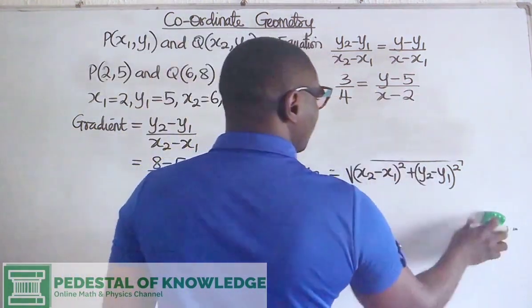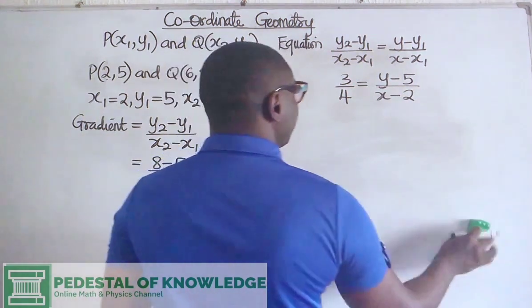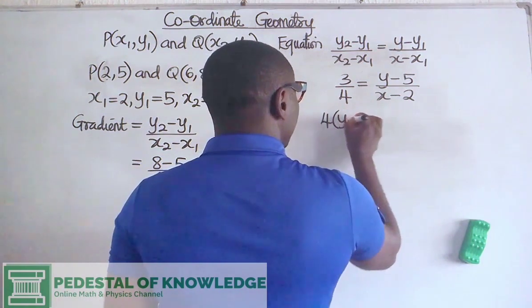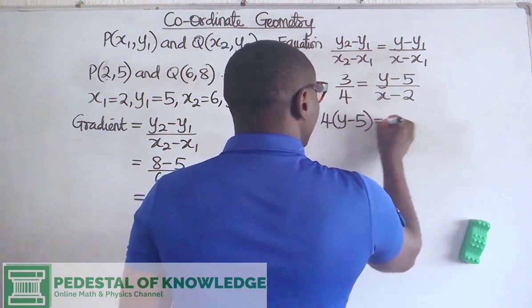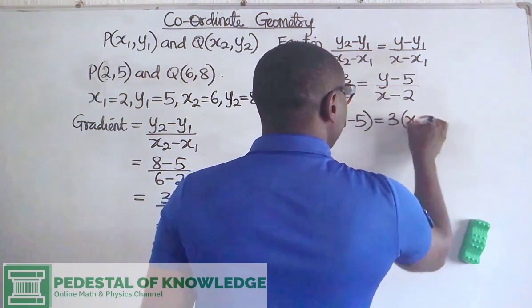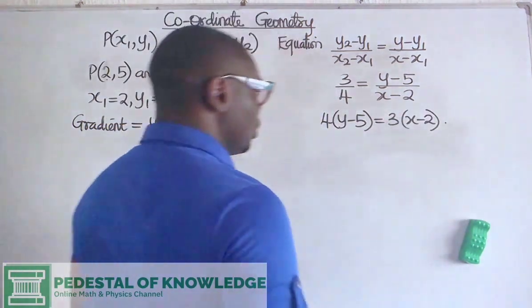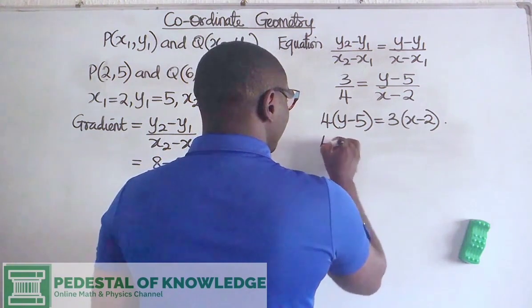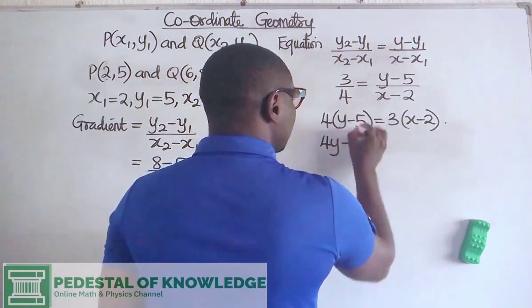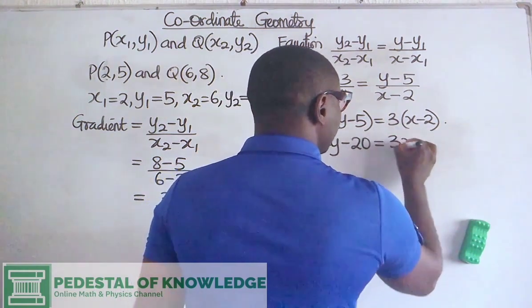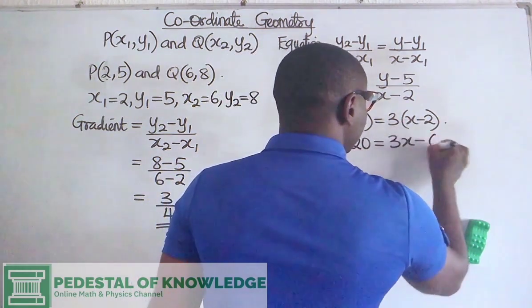Okay, so now when we cross multiply, we are going to have 4 into (y minus 5) is equal to 3 into (x minus 2). So when we expand these brackets, we are going to have 4 times y is 4y minus 4 times 5 is 20, is equal to 3 times x is 3x minus 3 times 2 is 6.